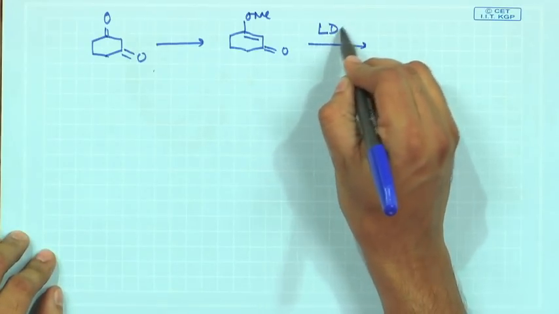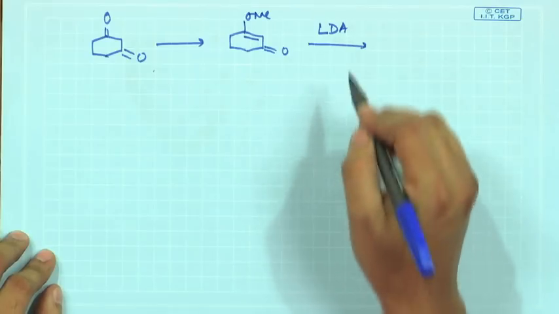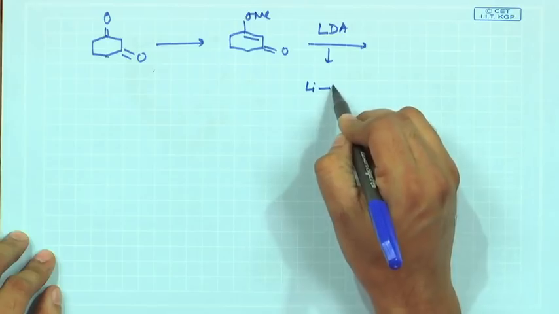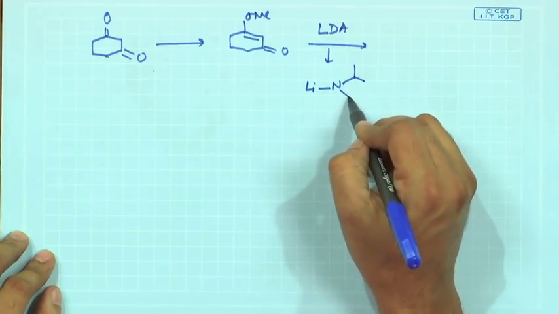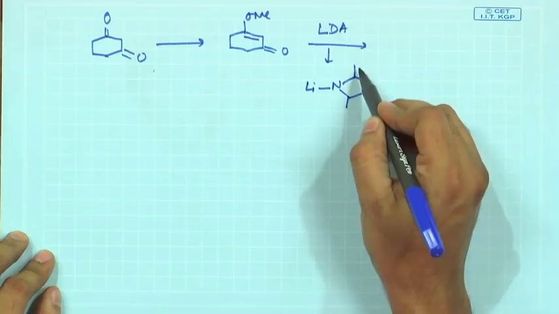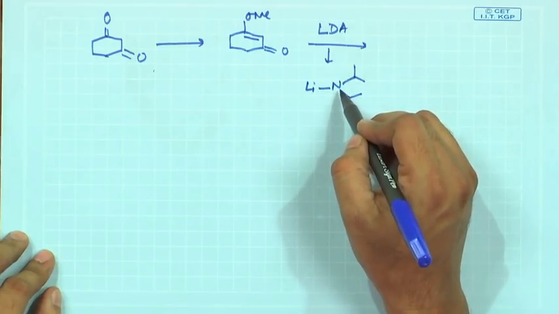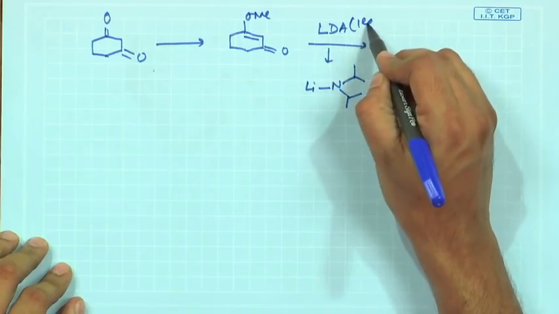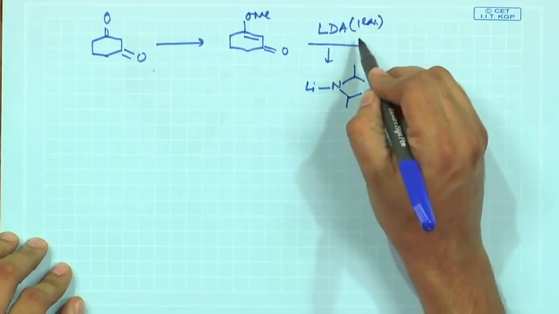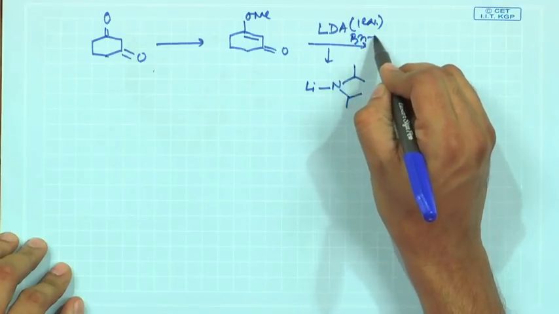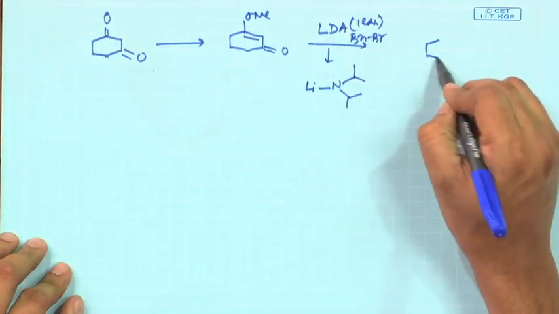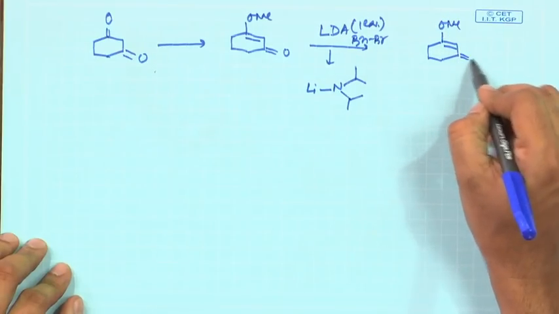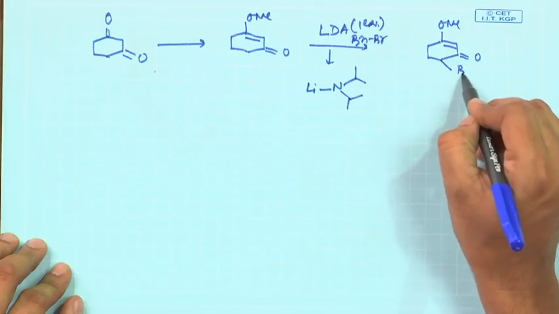You put a base, LDA. Now, what is LDA? Do you know the structure of LDA? It is lithium diisopropylamide, with the diisopropyl groups, lithium and amide. So, we are putting one equivalent of LDA, and the first electrophile we are putting is benzyl bromide. So, you will basically get this OMe, this ketone and this benzyl group.